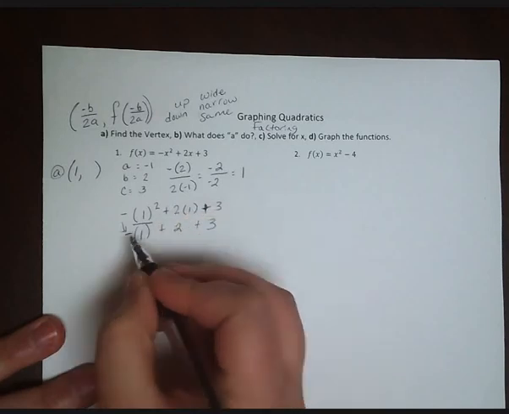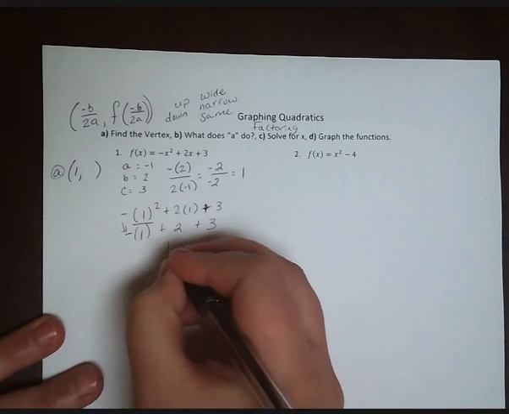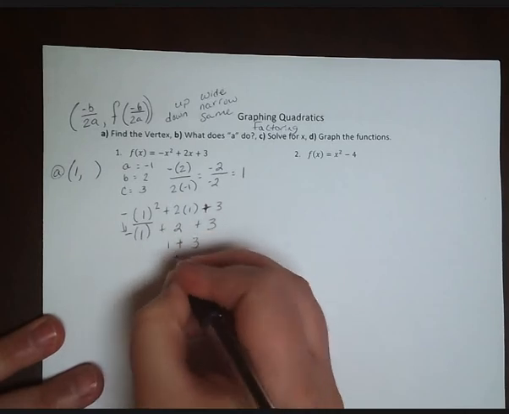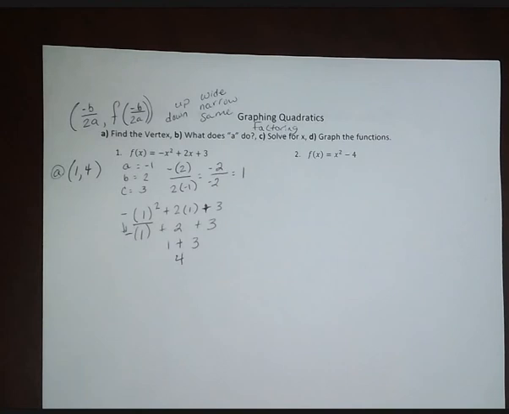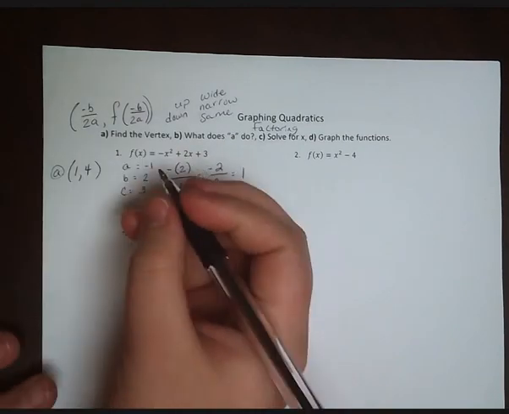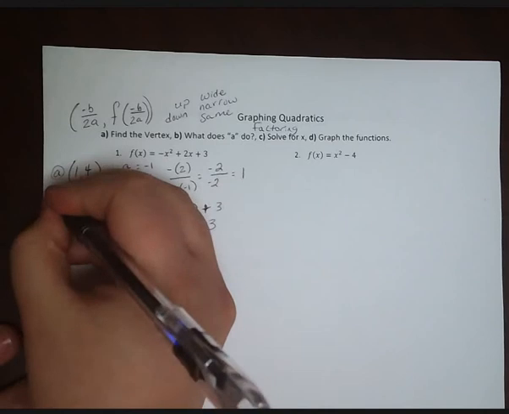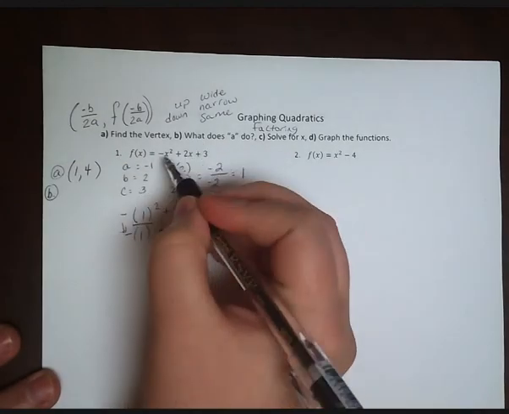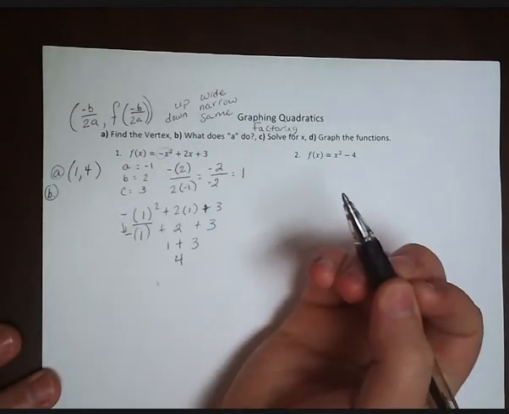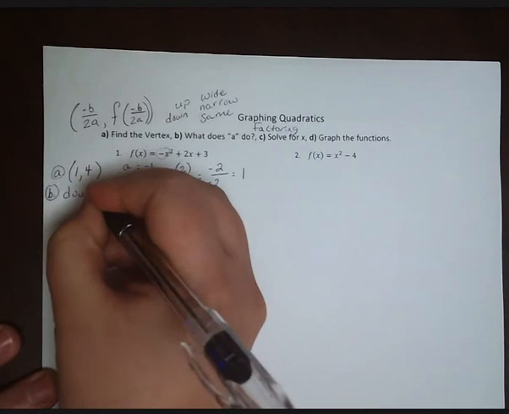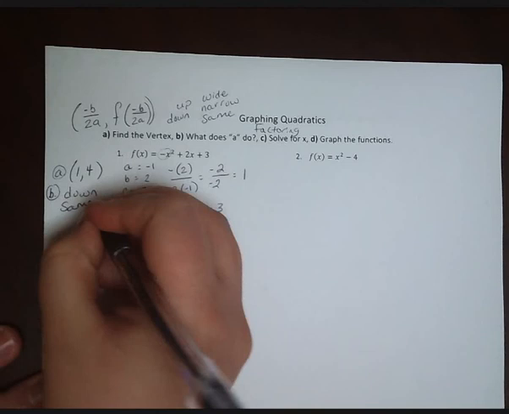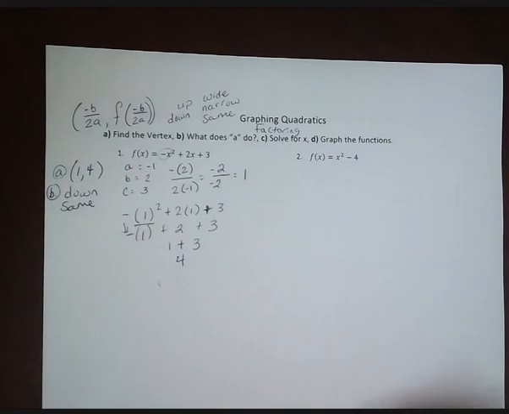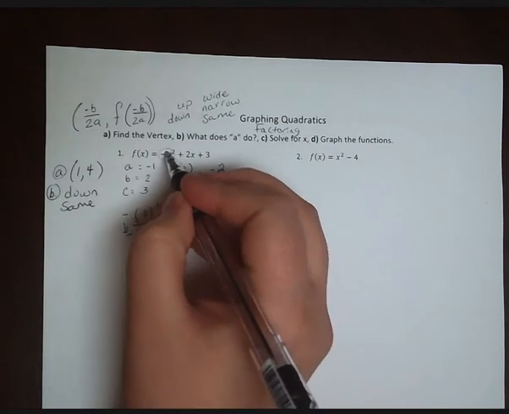So this is negative 1 plus 2 is 1. 1 plus 3 is 4. So our vertex is 1, 4. For our what does A do, it's going to face down because our A is a negative, and it's going to be the same as the graph f of x equals x squared because it's a 1.